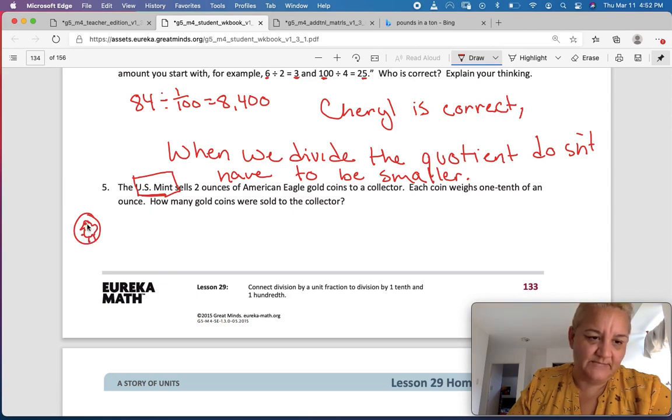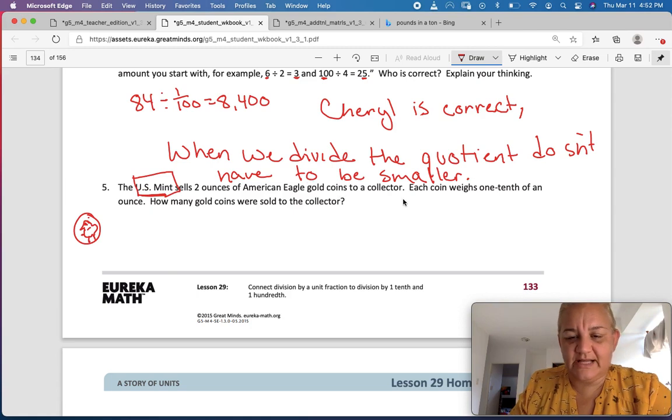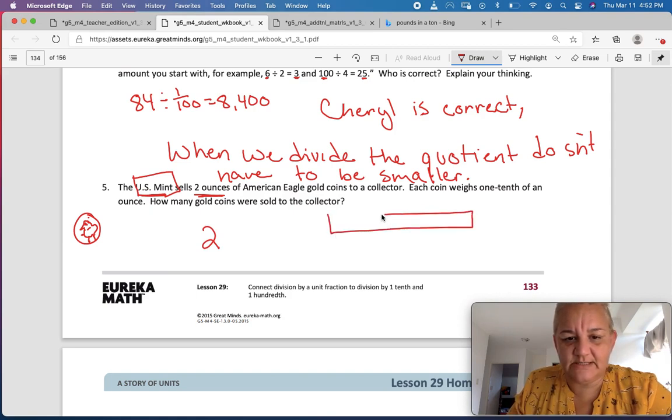To a collector, each coin weighs 1/10 of an ounce. How many gold coins were sold to the collector? So he sells 2 ounces of American Eagle gold coins, and each coin weighs 1/10 of an ounce. Okay, so here's my 2 ounces.